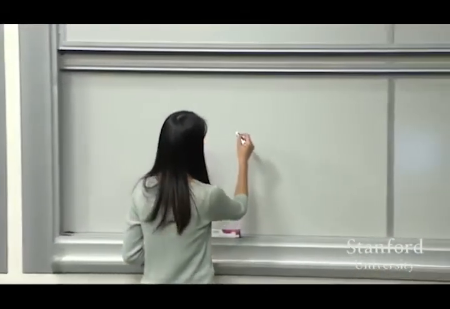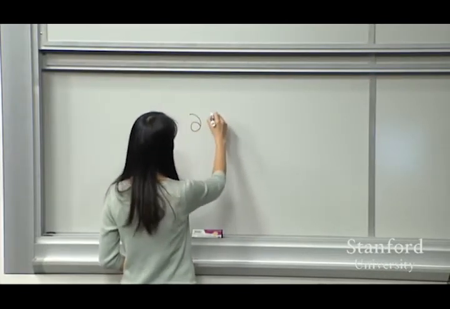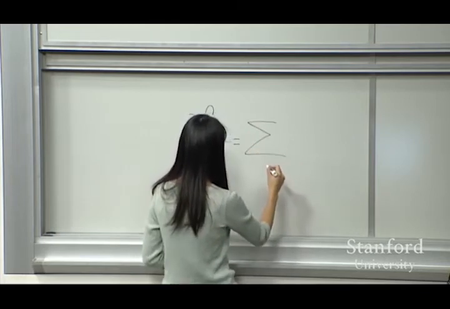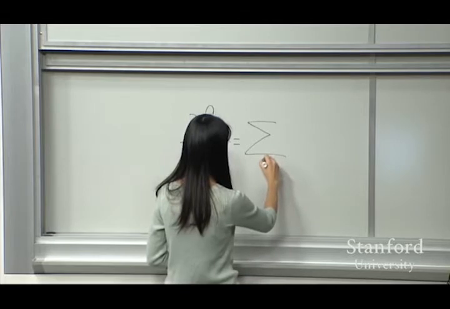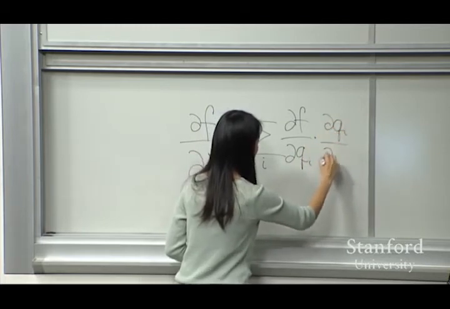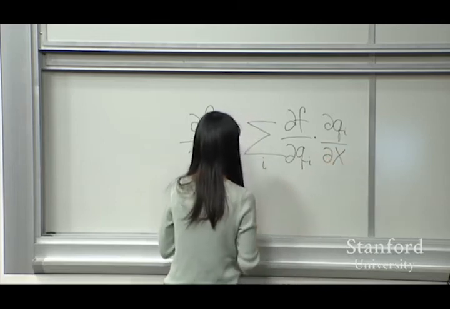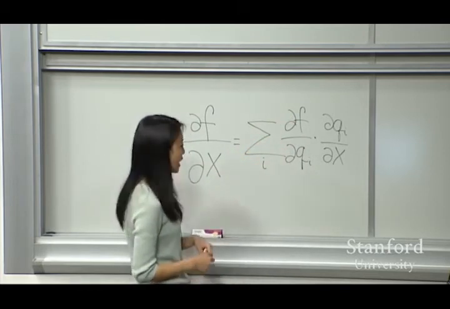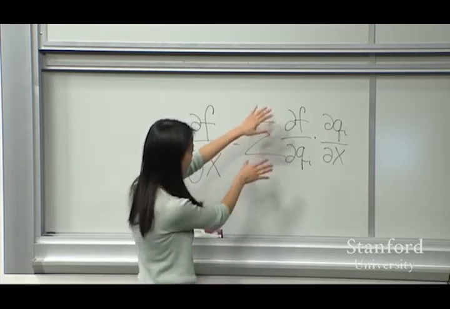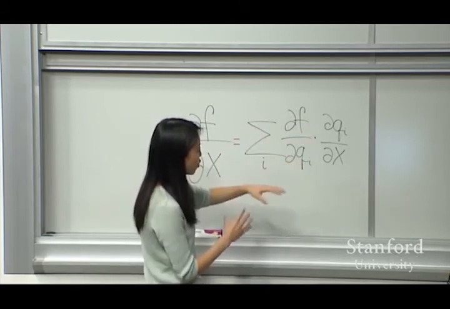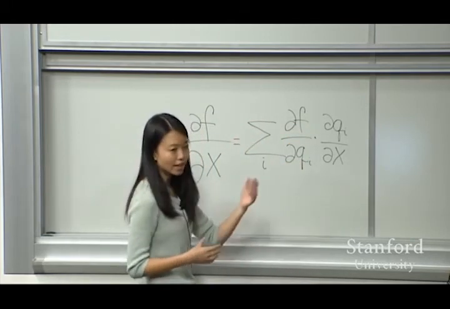Yeah, so I can write this maybe on the board. Right, so basically if we want to have the gradient of f with respect to some variable x, and let's say it's connected through variables, this is basically saying that if x is connected to these multiple elements, in this case different q_i's, then the chain rule is going to take the effect of each of these intermediate variables on our final output f, and then compound each one with the local effect of our variable x on that intermediate value.